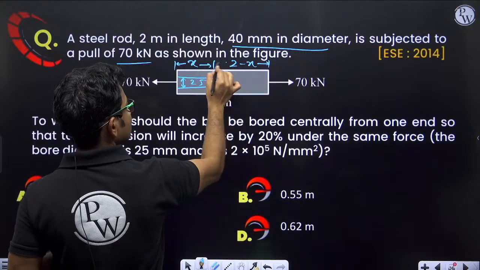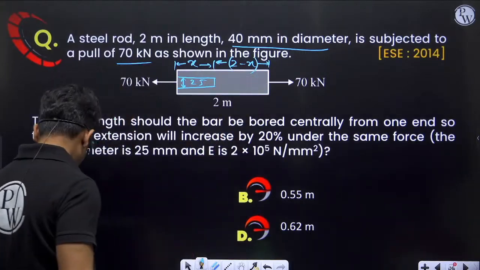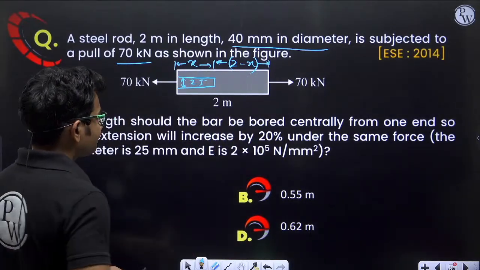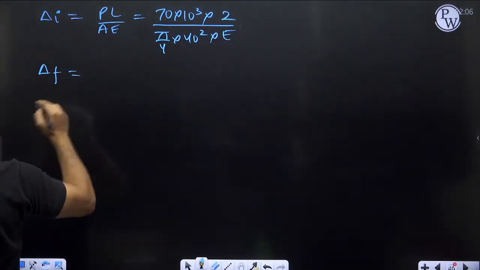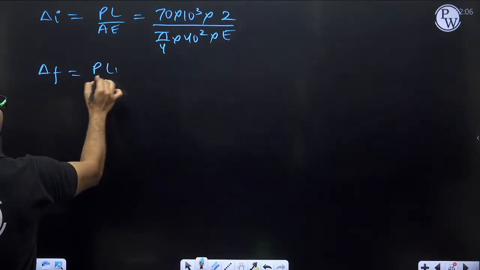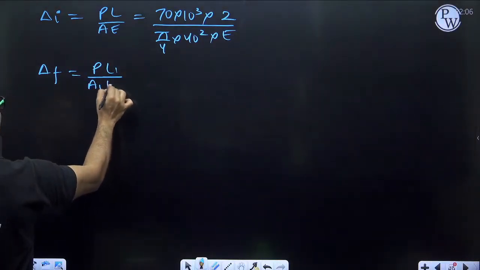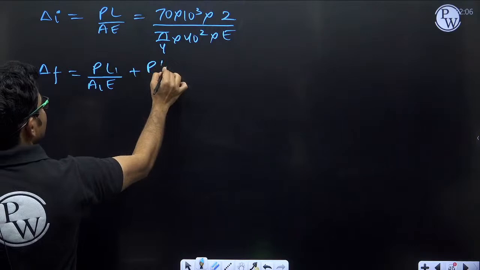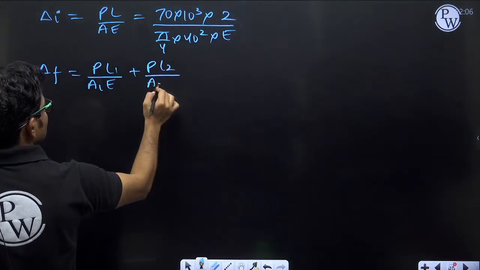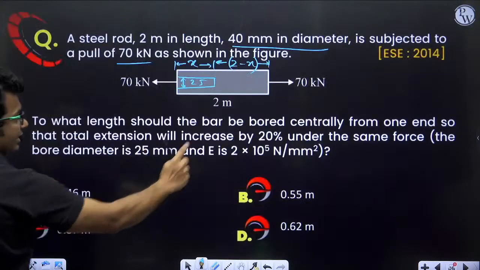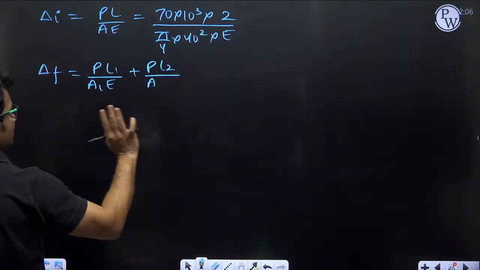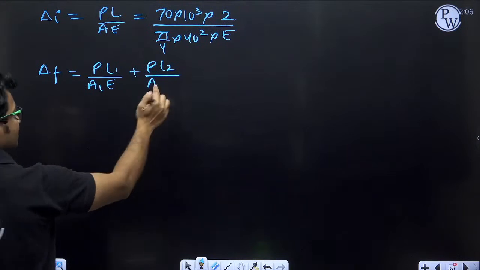So finally delta final will be P into L1 upon A1E plus P L2 upon A2E. Okay, so this second part, area is same as before, no change in area. But here area has changed.